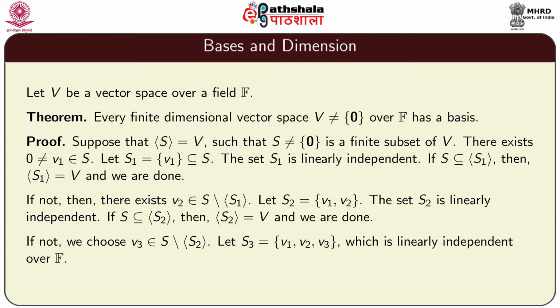S2 is the desired basis. So, if that is not the case, that means if S is not contained in the span of S2, once again we have a vector V3 which is in S, but not in the span of S2. We form the set S3 consisting of V1, V2, V3. A similar argument shows that S3 must be linearly independent over F.